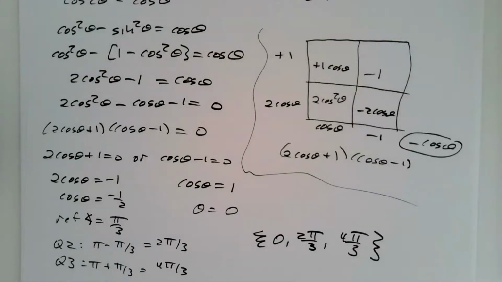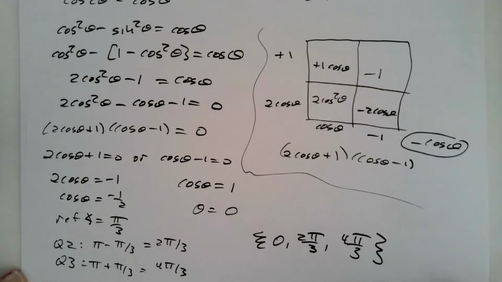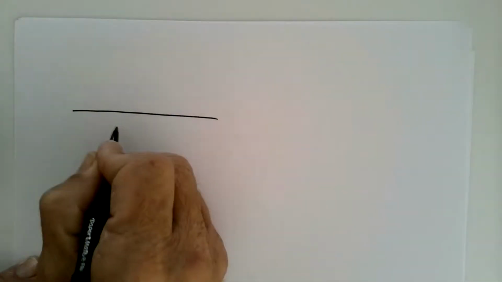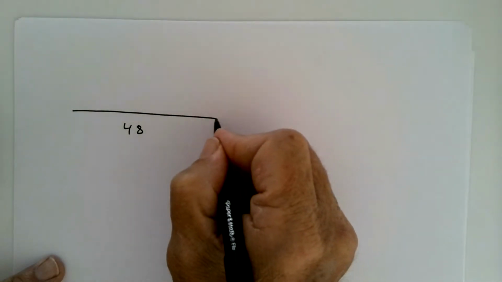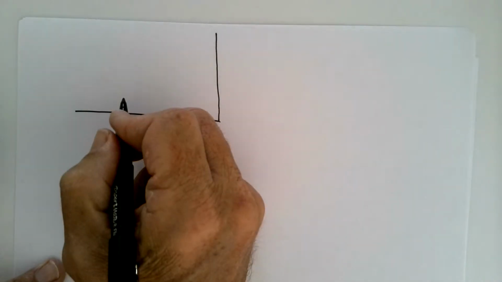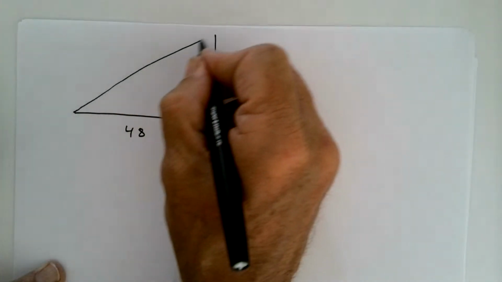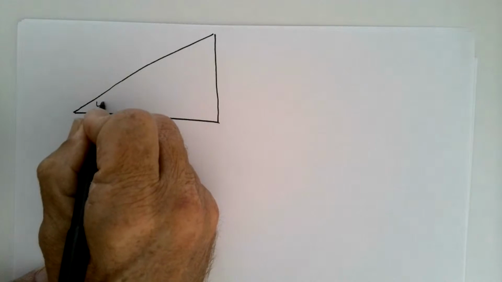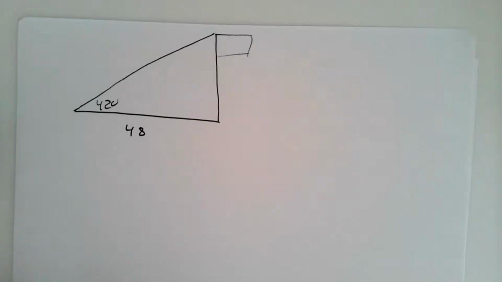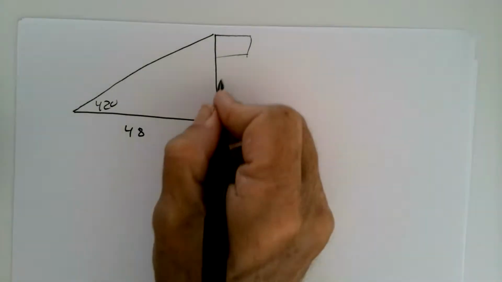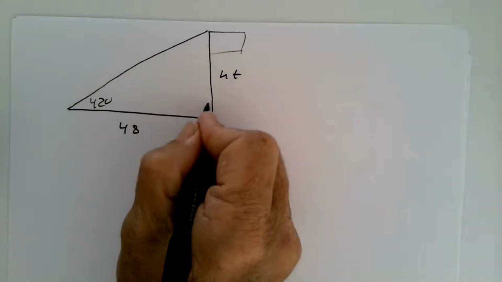All right, next we want to find the height of a flagpole. 48 feet from the base, the angle of elevation is 42 degrees. So let's go ahead and draw ourselves a picture of what we have here. 48 feet here. Flagpole with the angle of elevation of 42 degrees. We want to find how tall is that flagpole. Well, here's the height, opposite and adjacent. It's a right triangle.